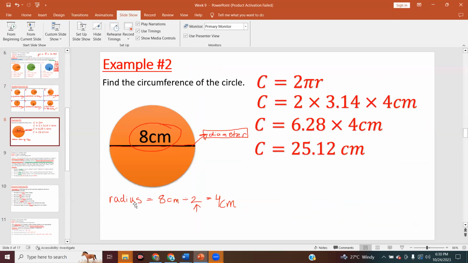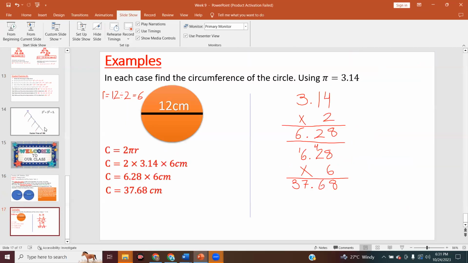We had 8, and the diameter was 8, and when we divide by 2, it becomes 4. Oh, I understand. Okay, I know what you're talking about now. So this one is 37.68.